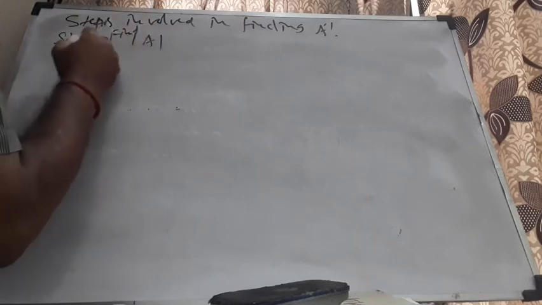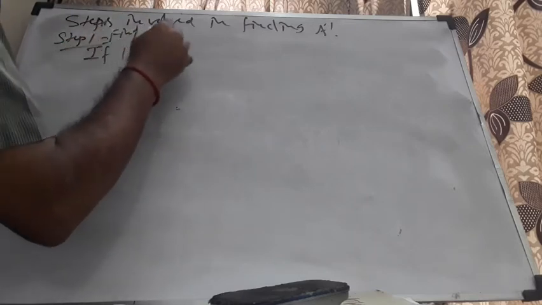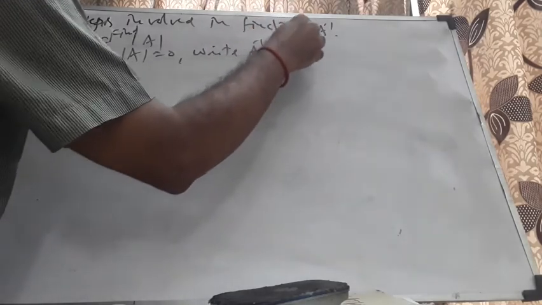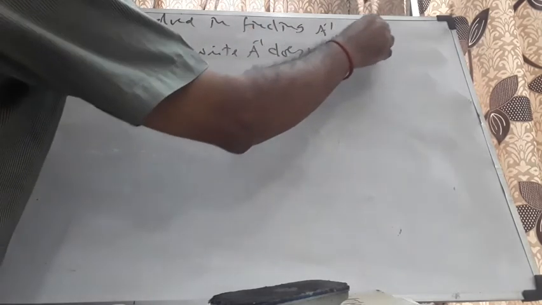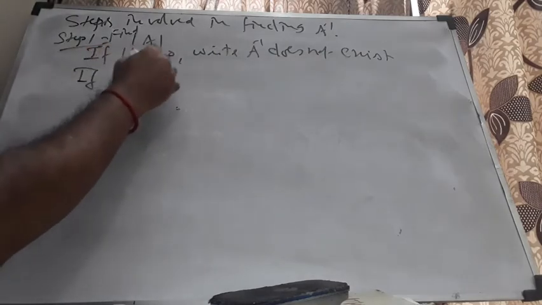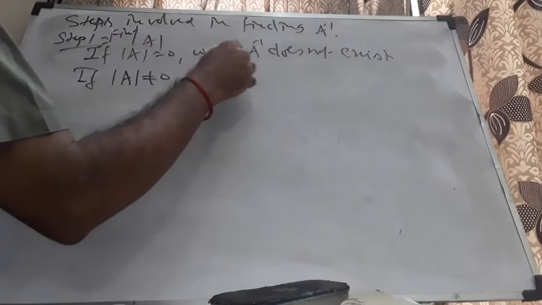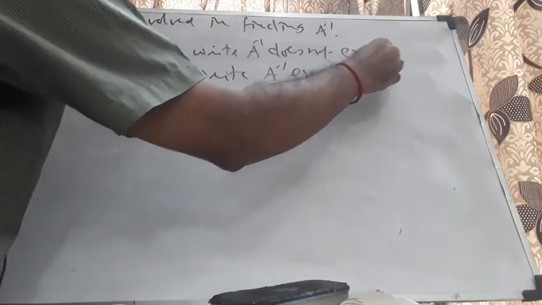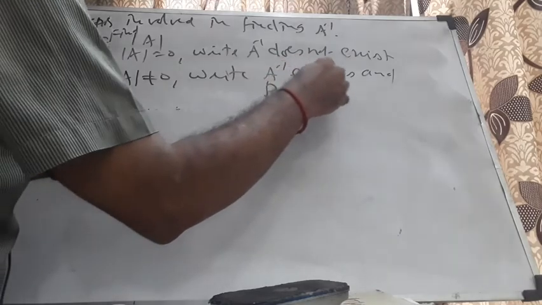Step 1, find determinant A. If determinant A is equal to 0, write A inverse does not exist. If determinant A not equal to 0, write A inverse exists and proceed further.